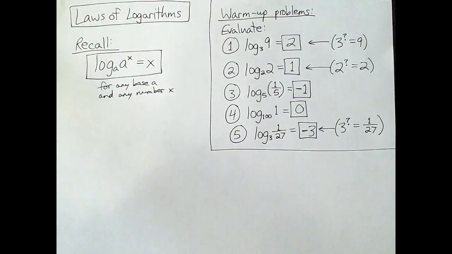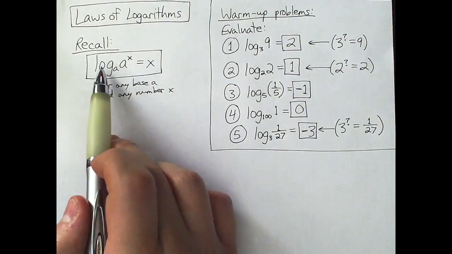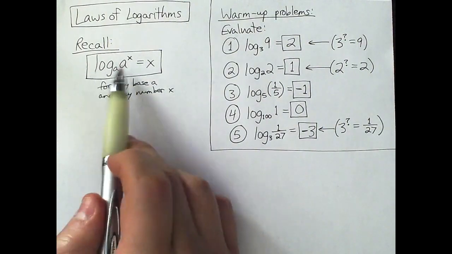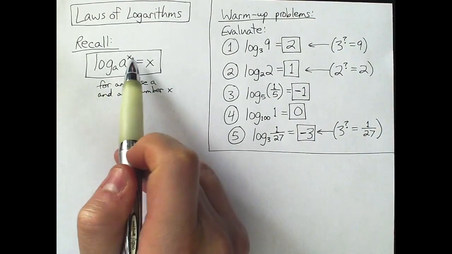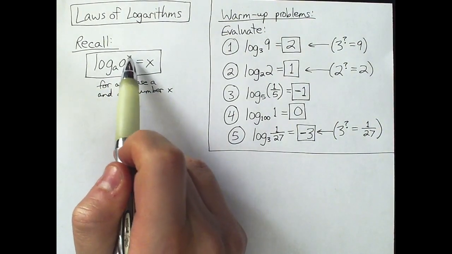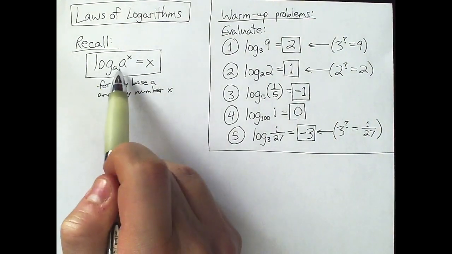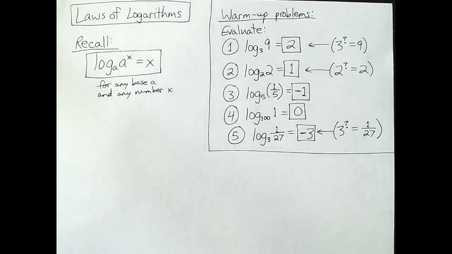And this makes sense because log base a is the inverse of a to the x. That's the whole point of logarithms. They're the inverses of exponential functions. So you could think of the log base a and the a to the x as canceling each other out and just leaving us with what was on the inside. x is the innermost thing. The log base a and a cancel out.